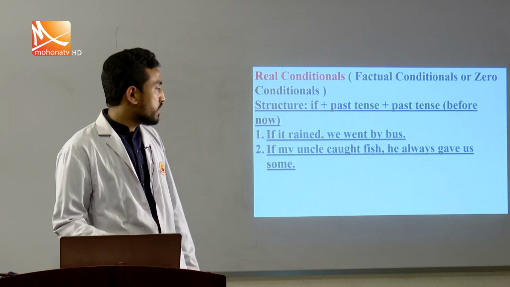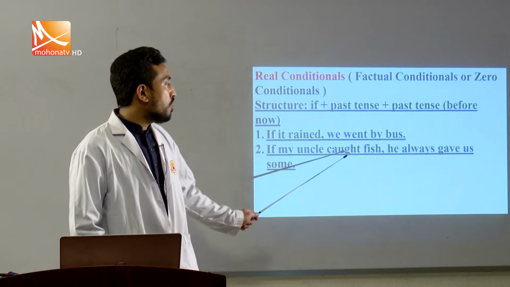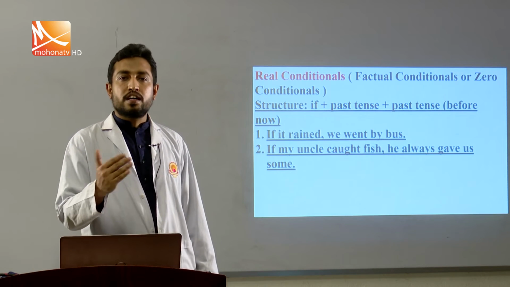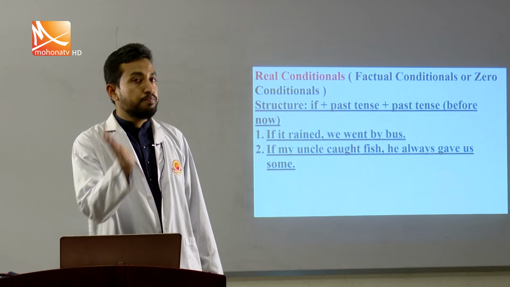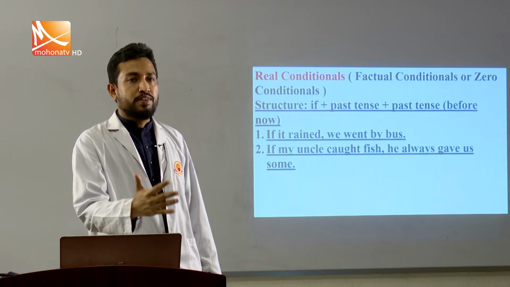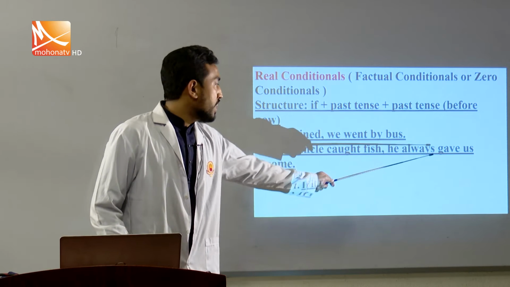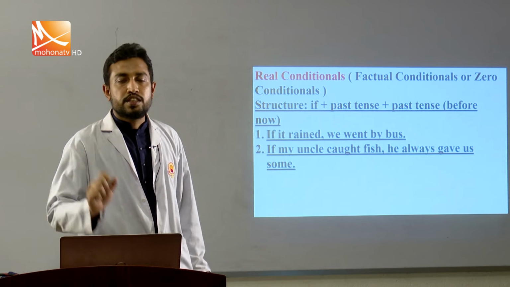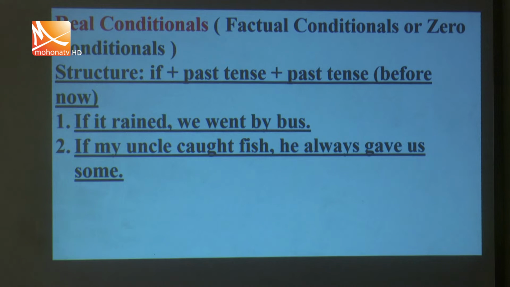Okay. If my uncle caught fish in the past, it always happened. He always gave us some of the fish. It was a regular activity in the past. Okay. So if my uncle caught fish, he always gave us some.